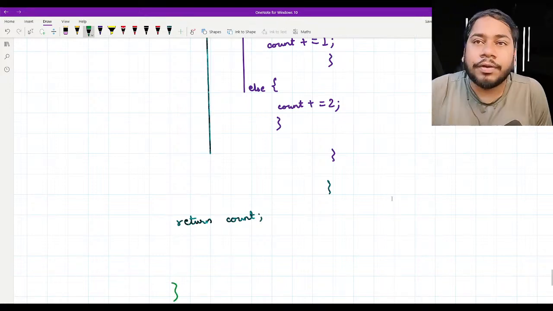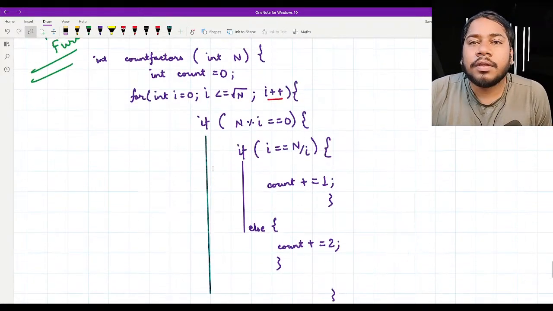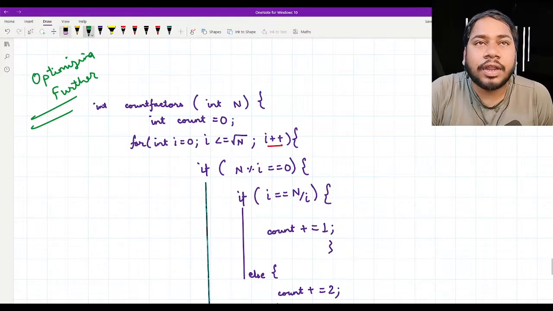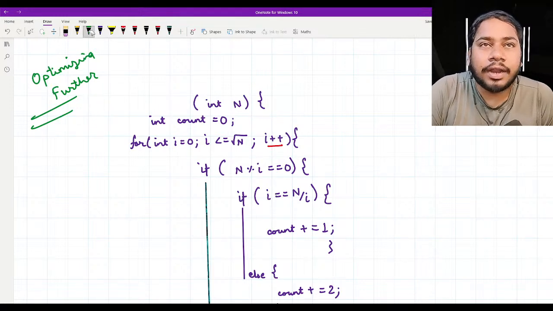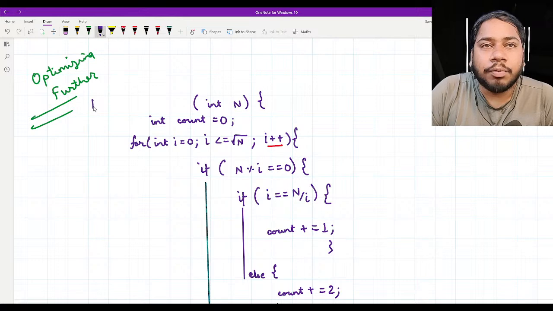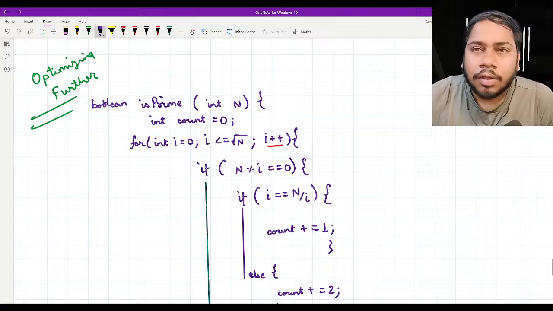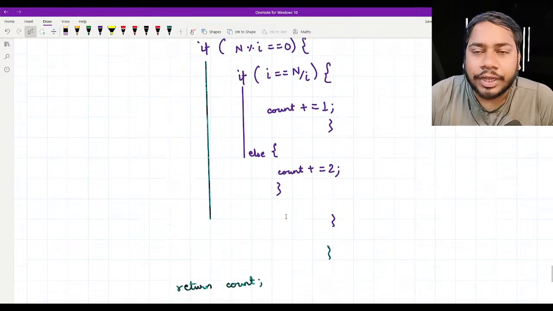Now what we can do is name the function as isPrime. So it is Boolean, and the function name is isPrime. Now we are checking.